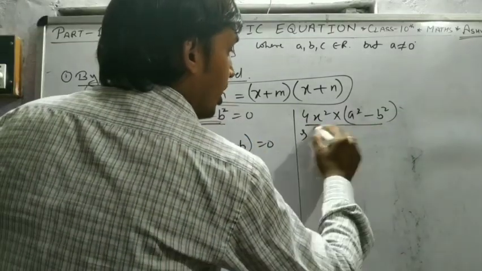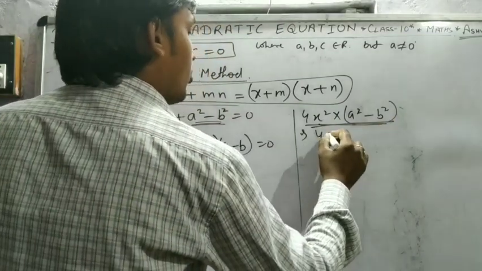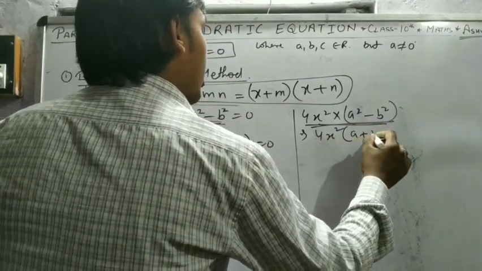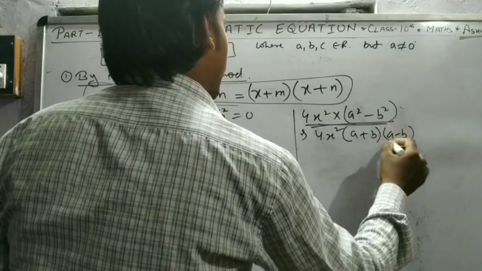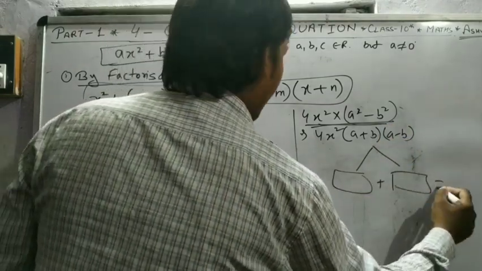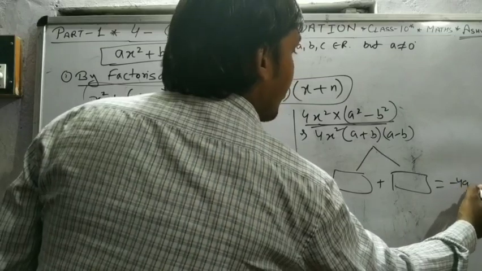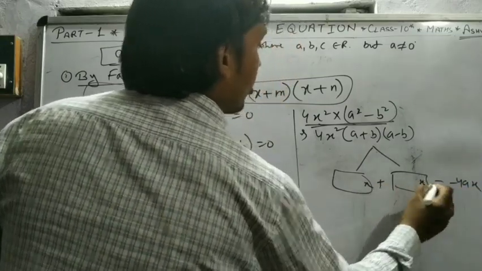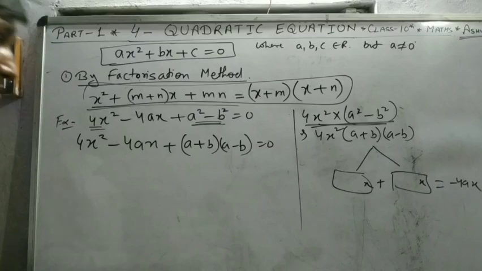So you want to write a plus b, a minus b. The sum gives minus 4ax, and x will already come in both the same.